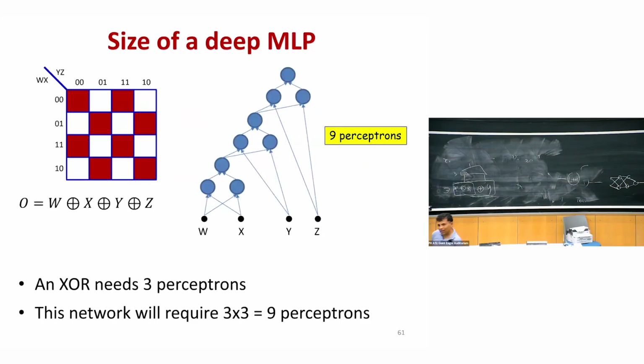So this can be written as a single XOR for W and X, a single XOR for the output of that and Y, and a single XOR for the output of that and Z. How many neurons would this take? Anybody? It's going to take 9.